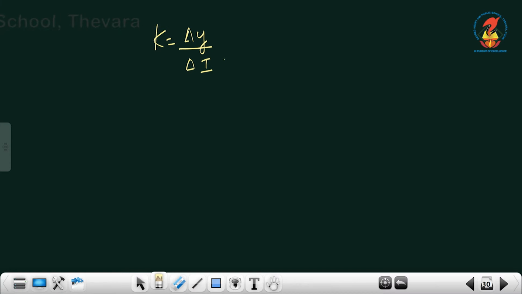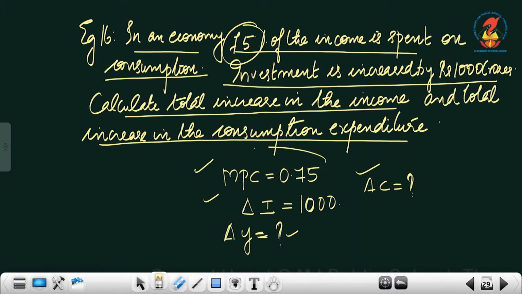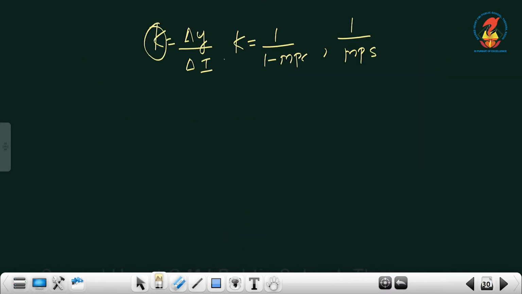Now, the value of delta I is here. You have to find out delta Y and you don't know the value of K. So, to find out the value of K, what do you have to do? You have to apply either K is equal to 1 by 1 minus MPC or K is equal to 1 by MPS. So, here which one can you use? You can use 1 by 1 minus MPC because the value of MPC is given.